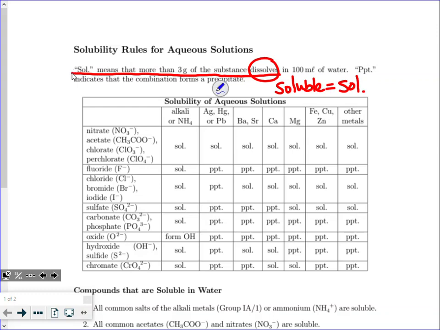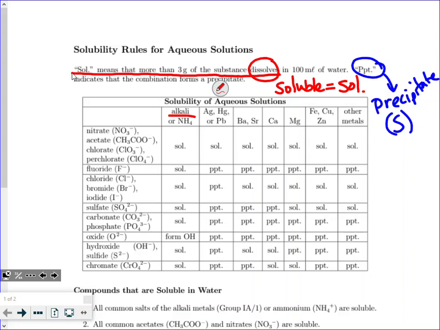Okay? PPT here indicates that it forms the precipitate, which means it's going to be a solid. The little S symbol goes next to the compound. Now, I want to point out that the other chart is a tad bit harder to read. This one's easier to read because it gives you rows and columns to follow.